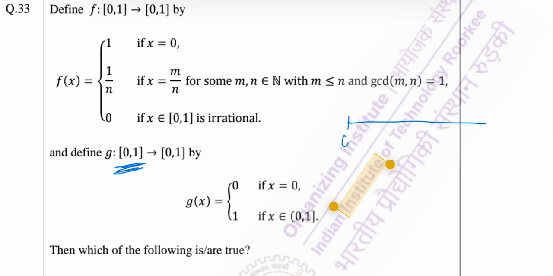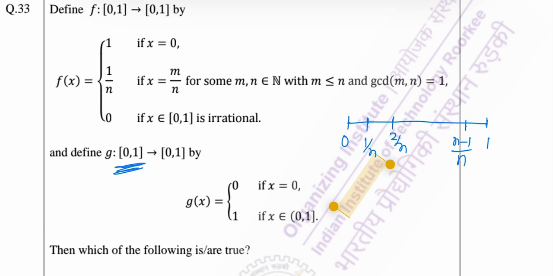So here will be 0, here will be 1. Now this time take the number of intervals to be n. So here will be 1 by n, here will be 2 by n, and so on. Here the second last will be (n minus 1) by n.